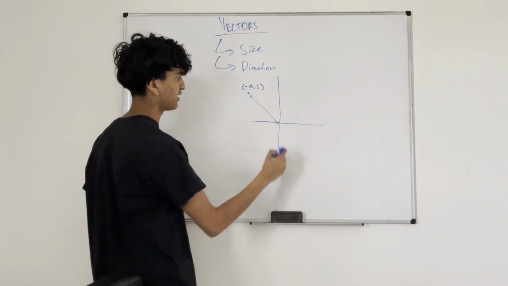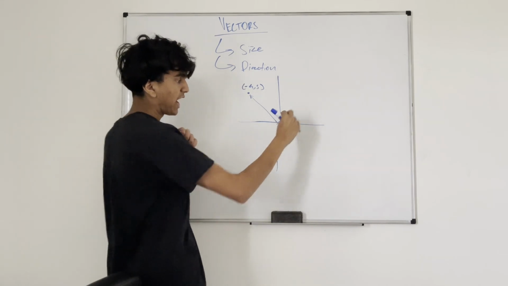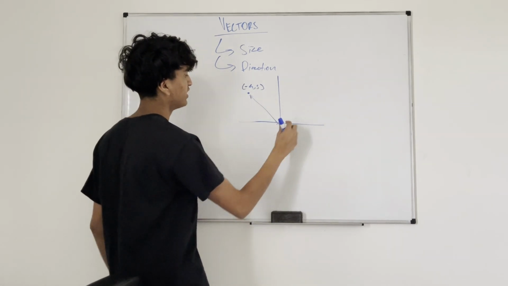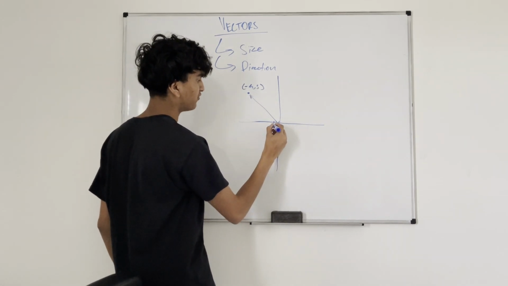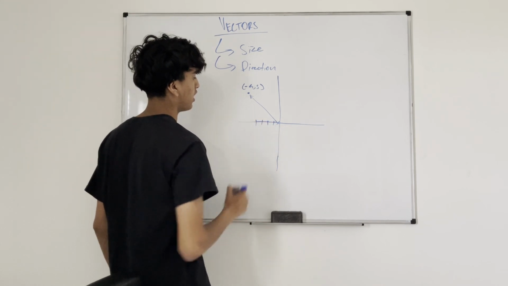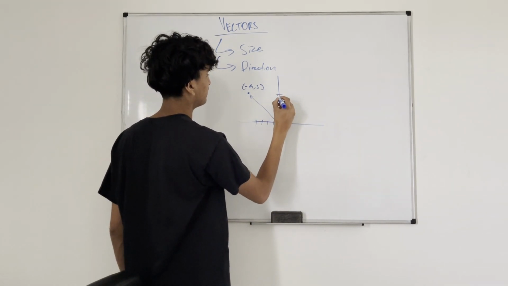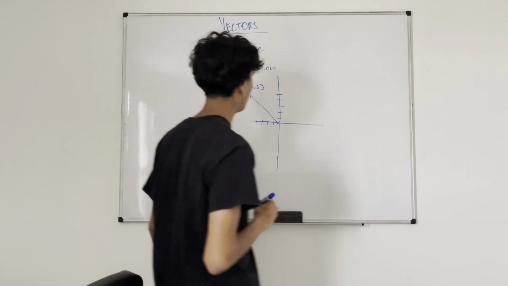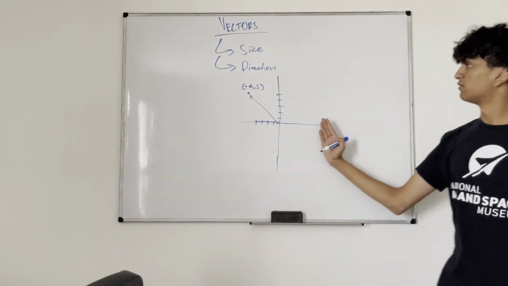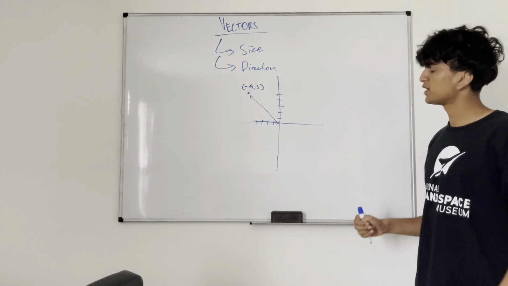So what that means is I didn't actually travel like this, but I essentially went 4 meters to the left and then 5 meters up. So if we take a look right here, 4 meters to the left, 5 meters up.